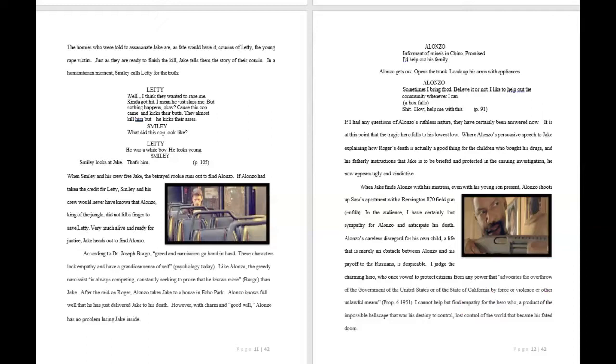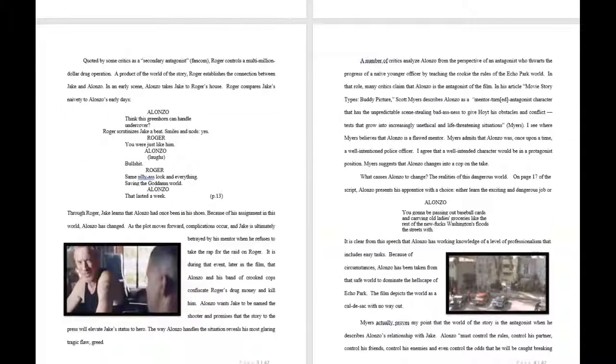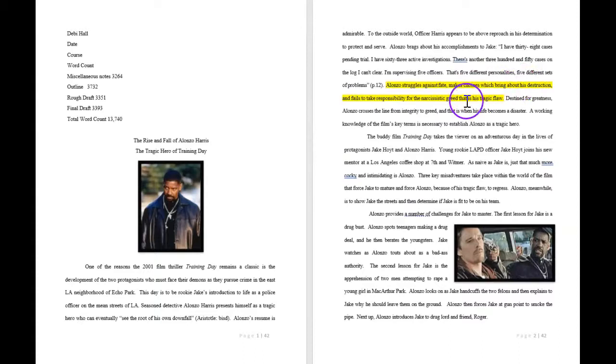So where was that indicated in the thesis statement? Let's scroll back up to page 2. And that is, makes choices which bring about his destruction. The choice to drive the car, the choice with Roger, the choices that have to do with Jake, right?